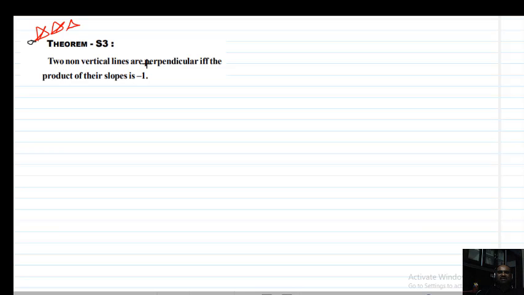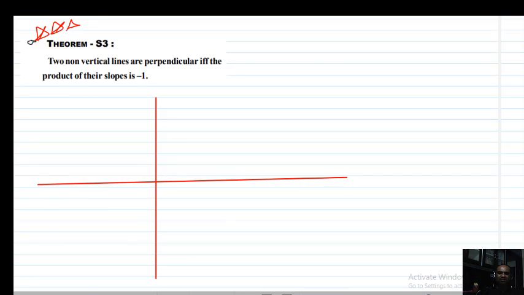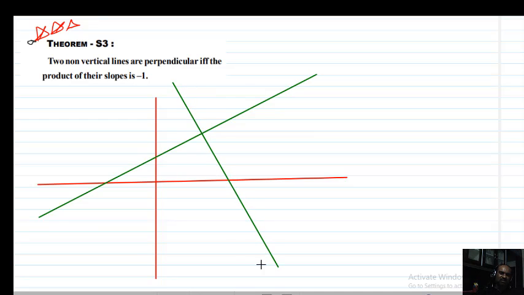Two non-vertical lines are perpendicular if and only if the product of their slopes equals minus 1. I will show you. This is the y-axis, this is the x-axis. This is one straight line, and this is another straight line. They are perpendicular, but importantly, none of them is parallel to either of the axes. I can say those two are non-vertical lines.